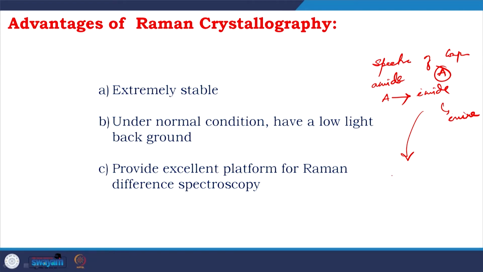Whenever there is a change, how could you detect it? By doing quantum calculation, you could work out what type of change, when the reaction is happening, what is the span of the reaction, and everything.